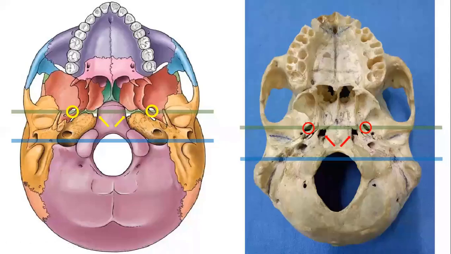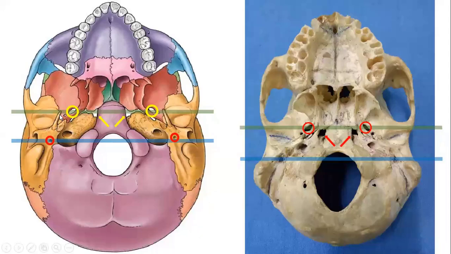Okay. Now, when we talk about the posterior imaginary line, it passes through these foramen on each side, which are actually, this foramen is located in the midpoint between this spinous structure and this rounded projection of the temporal bone.